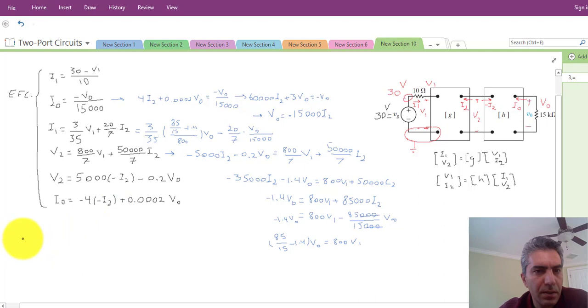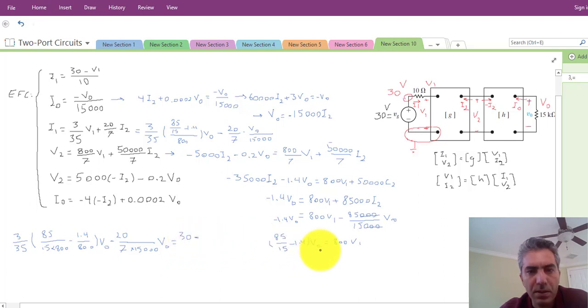So 3 over 35 times 85 over 15 minus 1.4 divided by 800 V out minus 20 divided by 7 times 15,000 V out is equal to 30 minus V1, which is again this equation.